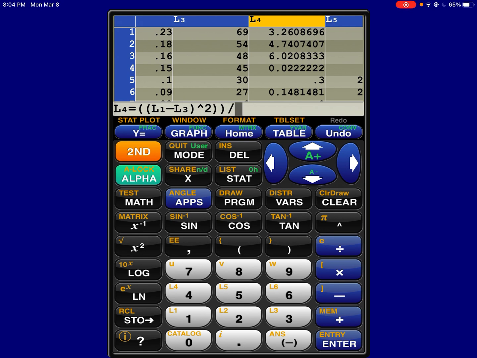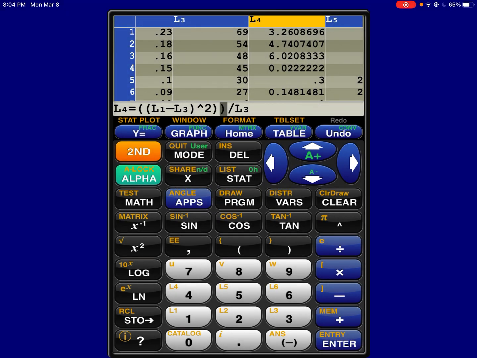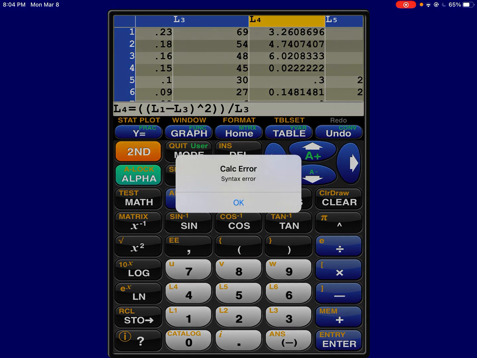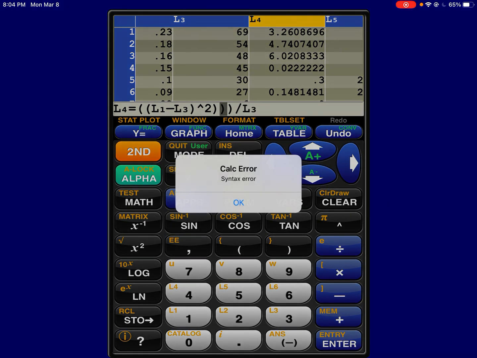And then I'm going to divide that by list 3, which is all my expected counts. Am I doing that? It said syntax error. I got it the first time. Trust me, it worked. I might have done too many parentheses in this case. Yeah, that's probably what I did here. Let me add one, see what happens. And then divided by second 3.